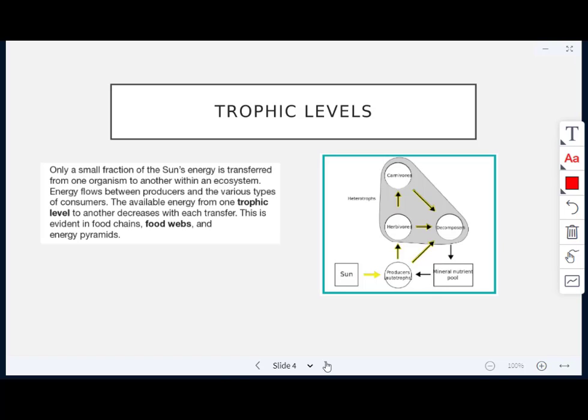And this is evident in food chains, in food webs, and in energy pyramids. We'll take a look at that a little bit closer. But here again, we have the sun, and then we have the producers, which are the autotrophs, and then we have the heterotrophs, so herbivores, carnivores, and then the decomposers.